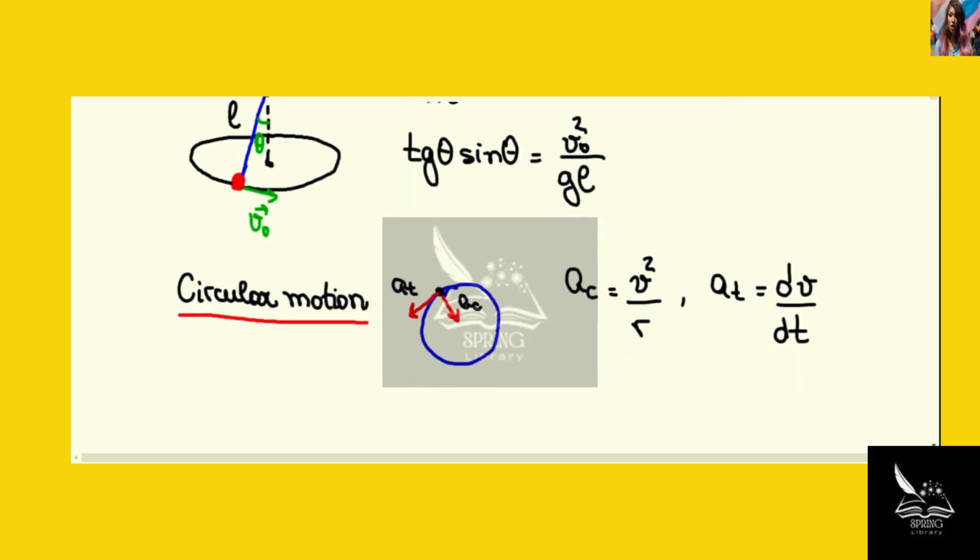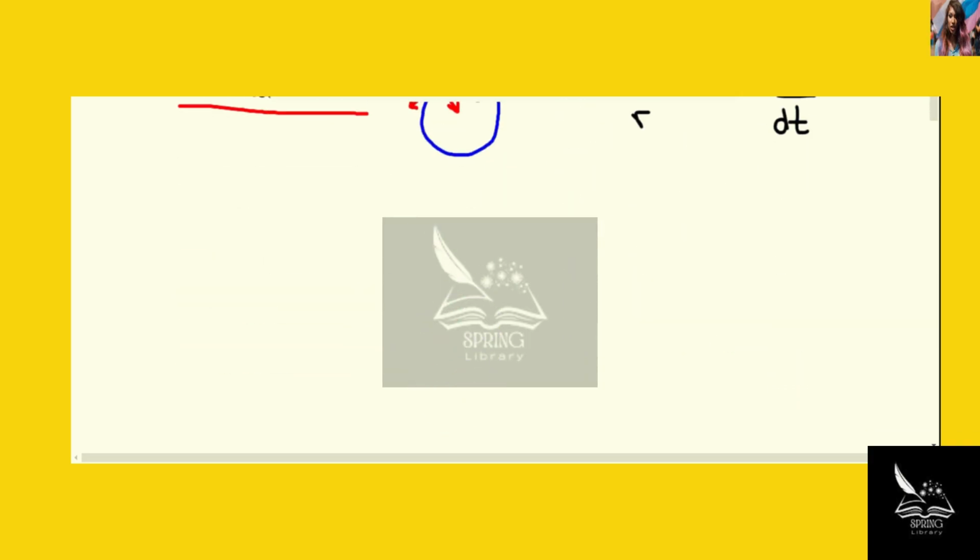In order to do that, I'm going to draw a free body diagram on our ball. Consider that this here is the ball, and this is the cord. It makes an angle theta with the vertical.